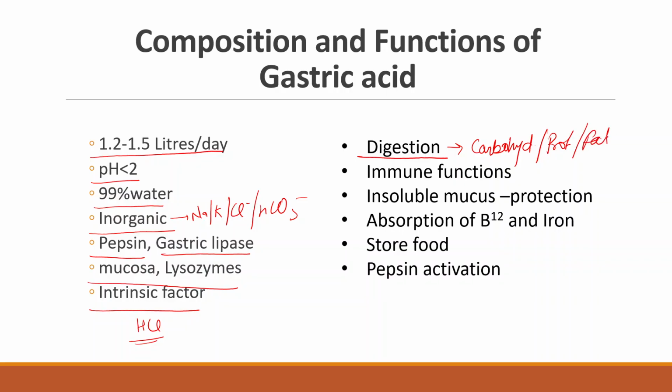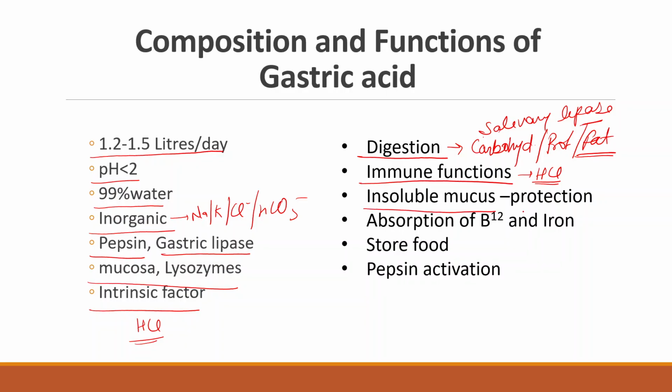So the basically grinding occurs here. Otherwise, the salivary lipase becomes active here, and it performs some fat digestion. It is very important in immune function, because in HCl no microbacteria can survive.